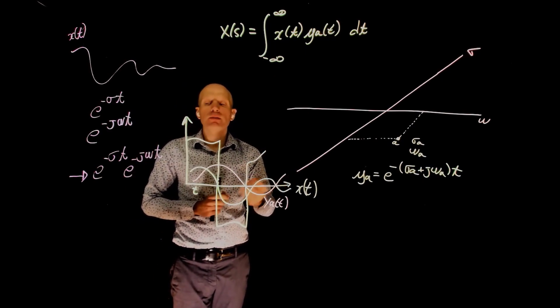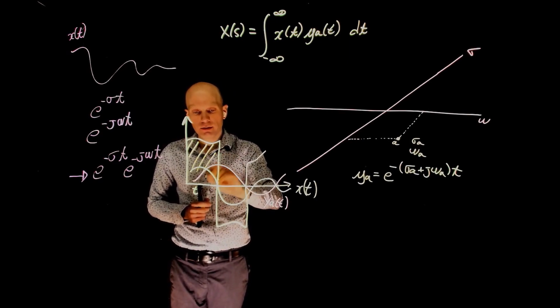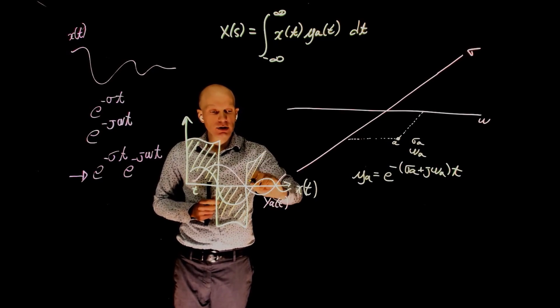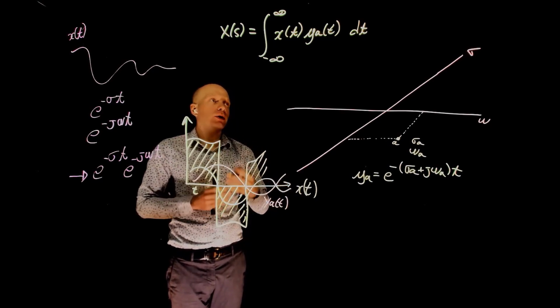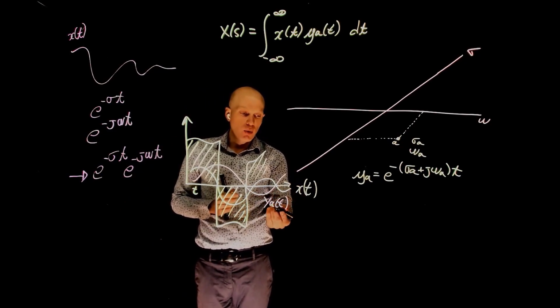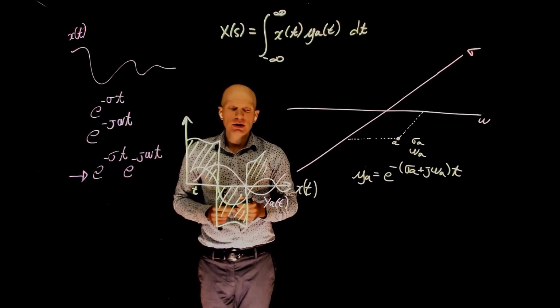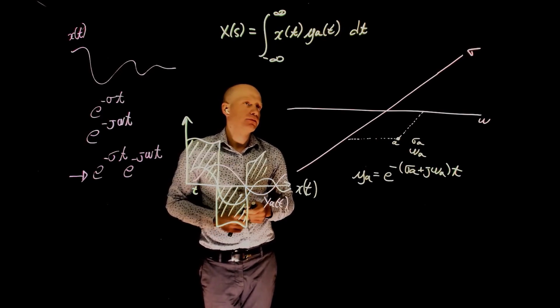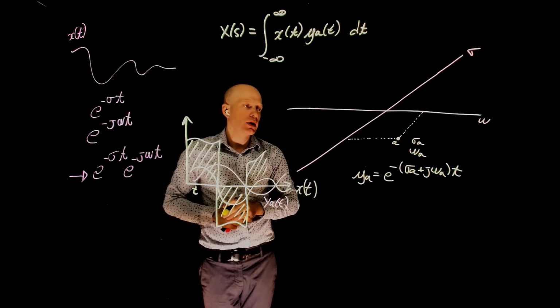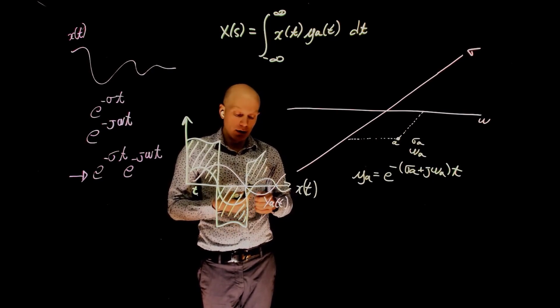Taking the integral means taking this area, adding to this negative area, adding to this one, and so on. The result here will be a finite number because y and x are not necessarily matching. The result is a finite number that has no interest in the Laplace transform.